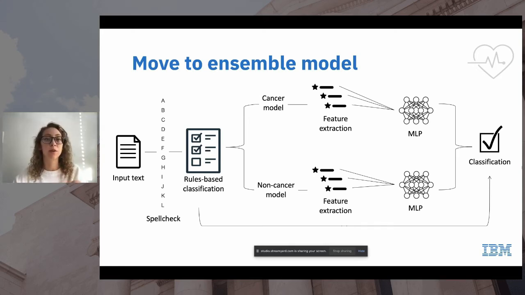So they wanted cancer to be prioritized. And so we made a cancer model that the text would be sent to if it had any indication that cancer was present, and a non-cancer model for all the others, and those are mutually exclusive universes of classification, I guess.